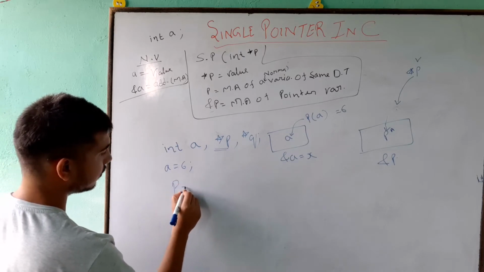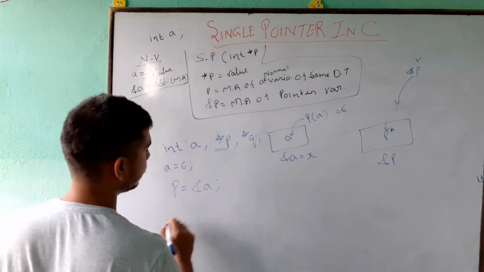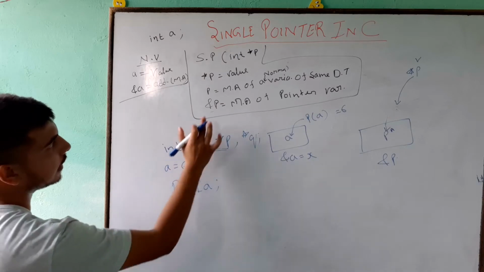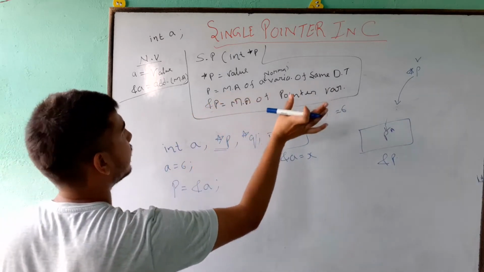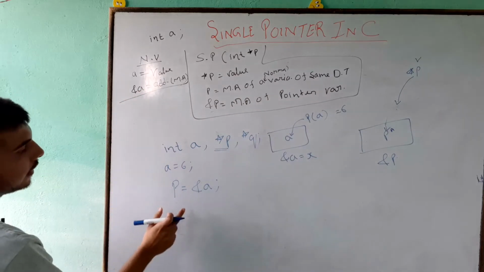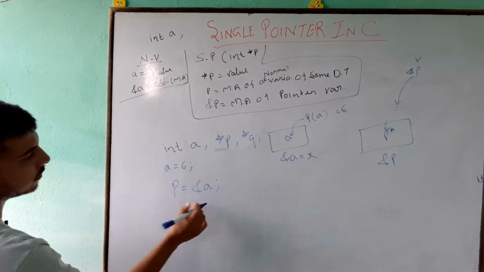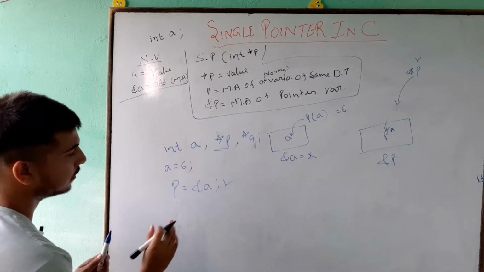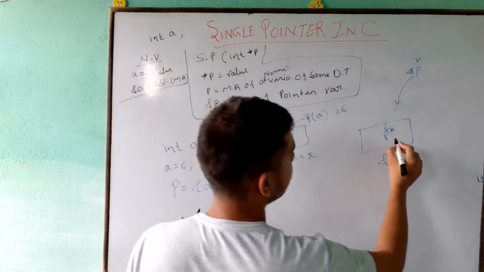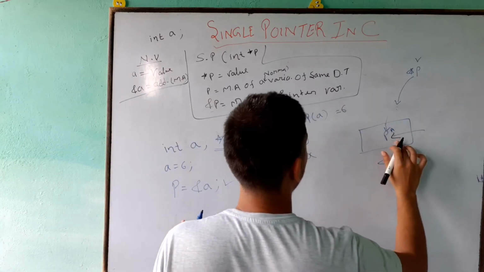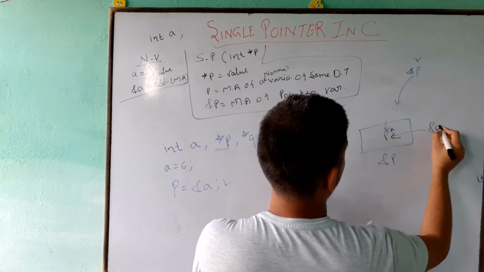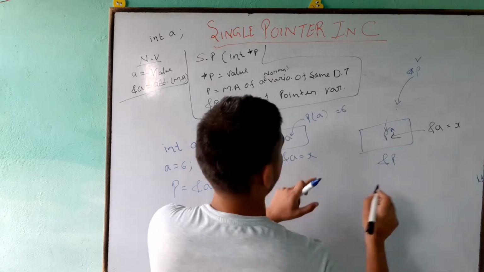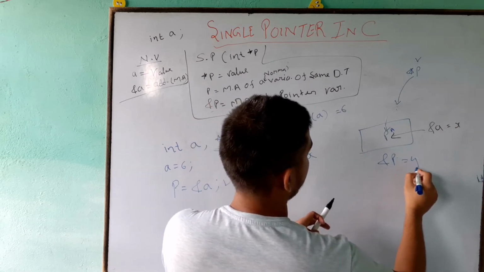I am writing p equals &a. Is it okay? What can p hold? The main address of a normal variable. The normal variable's main address is &a, so this is valid. Now in memory, p is holding the main address &a, which we had defined here as x, and let's say p's own address is y.